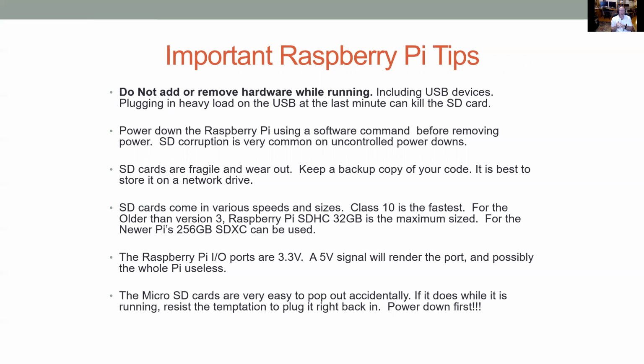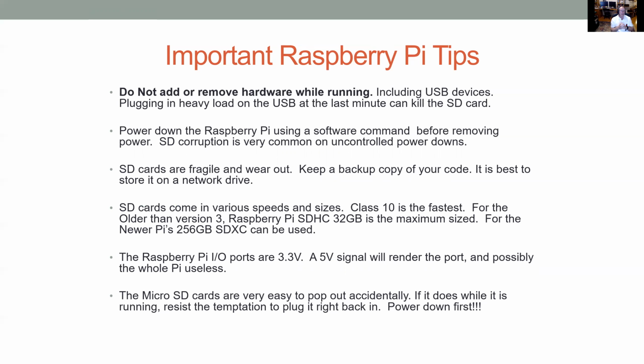SD cards are fragile and wear out. Keep a backup. It's essential, especially if you have a big project you've been working hard on, to make a backup of it. The good thing is they've made it much easier in the past few months to make backups of your system, and we'll show you how to do that.